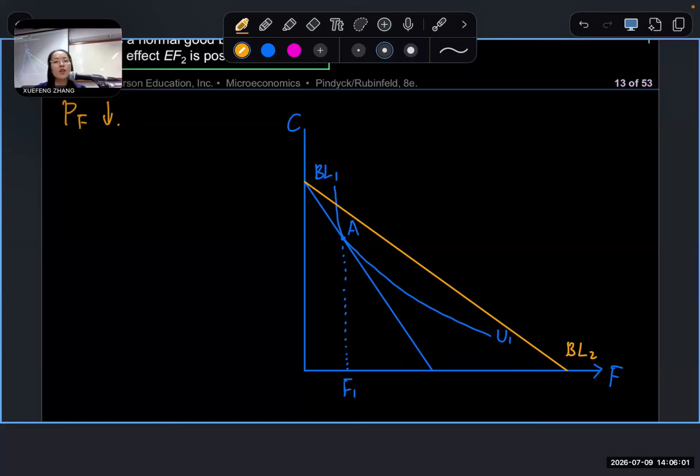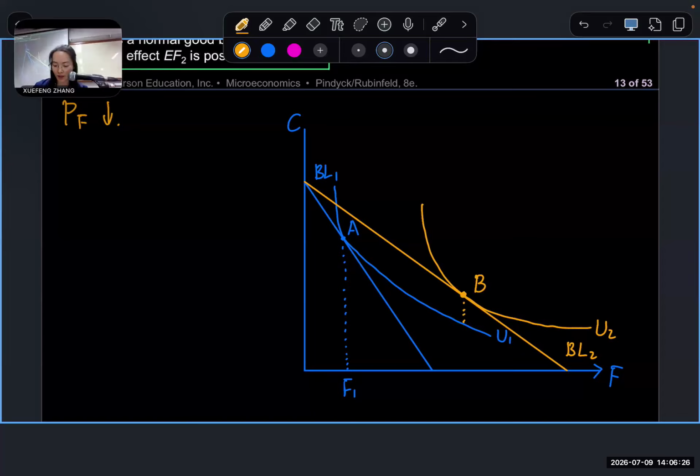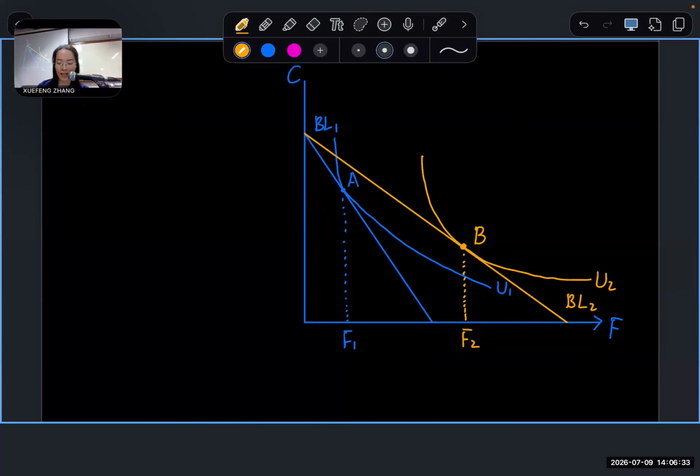And in the new budget, of course, I need to change my optimal consumption, okay? So here I have a new IC curve, U2, right? And here we have our new optimal consumption bundle, which is B. So at B, I consume F2 units of food, okay?